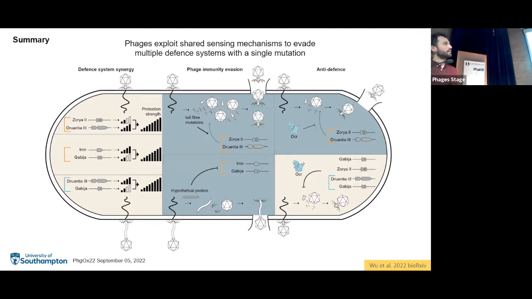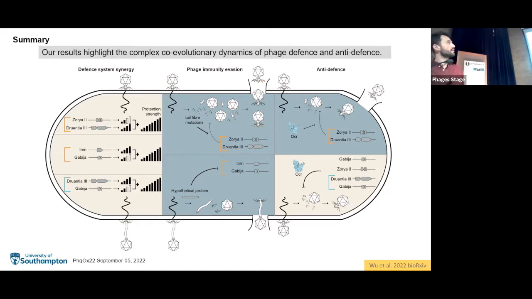And more importantly, that phages are exploiting single mutations, exploiting the single defense mechanism sensing capacity that defense systems share, to overcome many of these defense systems. I hope that highlights the complex coevolutionary dynamics of phage defense and anti-defense.